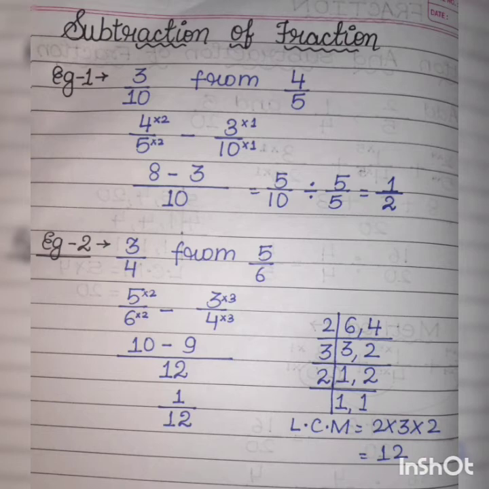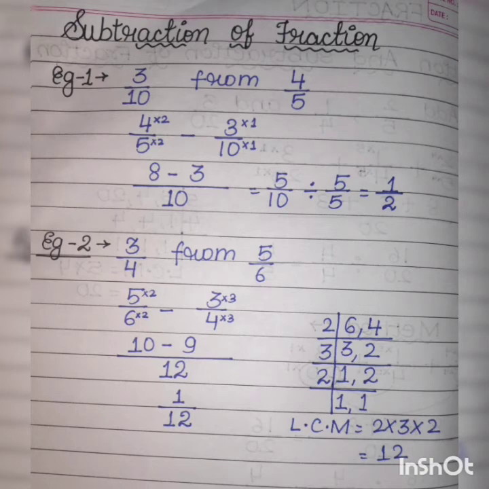So on multiplying 4 by 2 we get 8. Now minus, on multiplying 10 with 1 we get 10, and we have to multiply it with the numerator also. So 3 into 1 is 3. So what is the answer? The answer is 5 by 10. Now we have to see in which table 5 and 10 come.